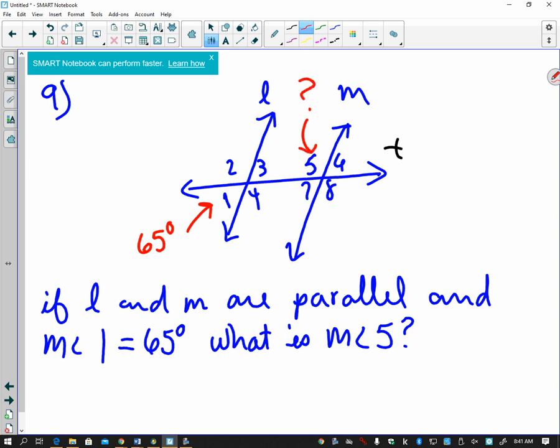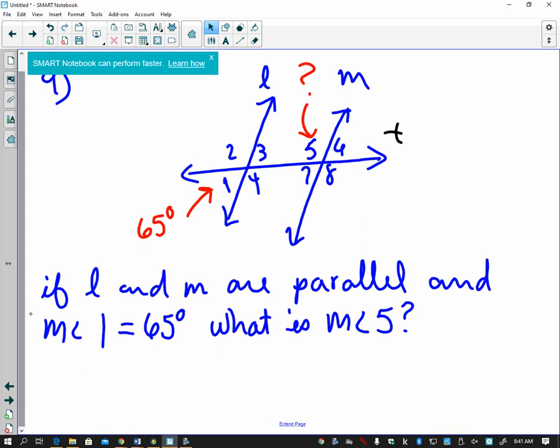What is that guy right there? How do we find out? Perfect. You can solve for measure angle 2. What do we know about angle 2 and angle 5? They're corresponding angles, and if 2 parallel lines are cut by a transversal, then corresponding angles are congruent. So how do you solve for angle 2?